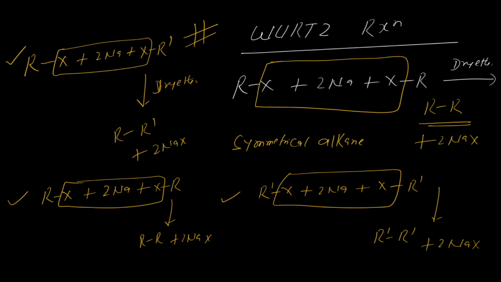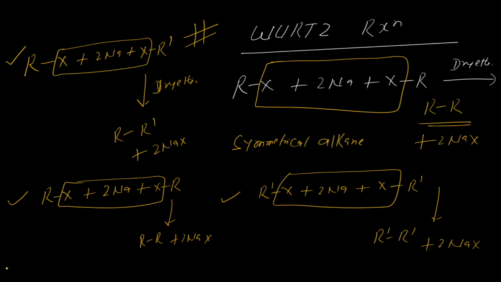Now, we can't get a proper alkane from unsymmetrical, different types of alkyl halides with sodium metal. That's why this is not preferential, and a different type of alkyl halide or unsymmetrical alkyl halide is not taken in the Wurtz reaction. So the Wurtz reaction is very important. This is a name reaction.